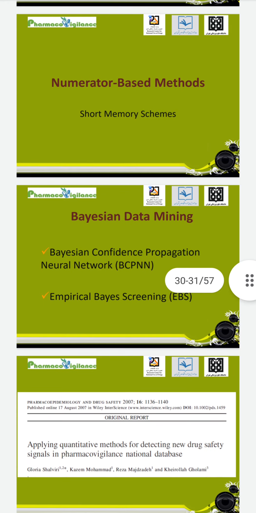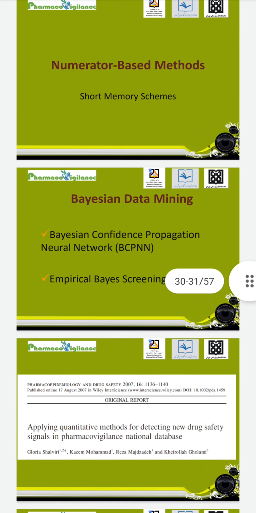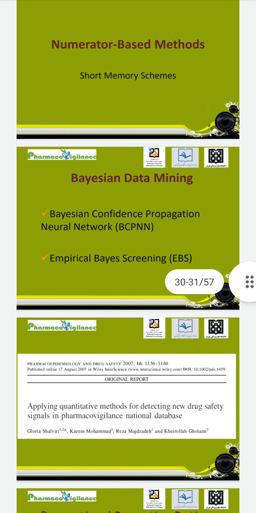And for Bayesian data mining, we have the Bayesian confidence propagation neural network (BCPNN), and empirical bias screening or EBS.